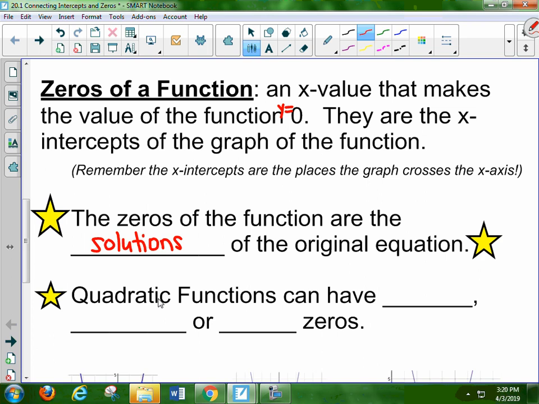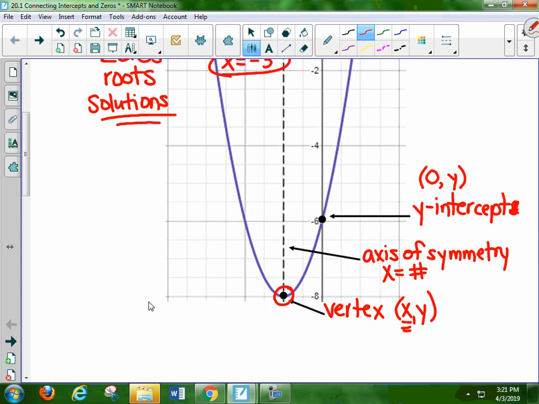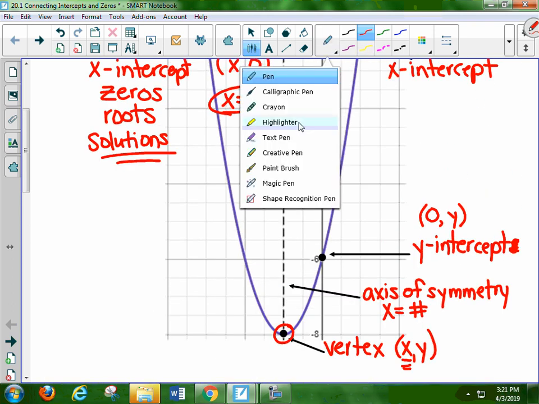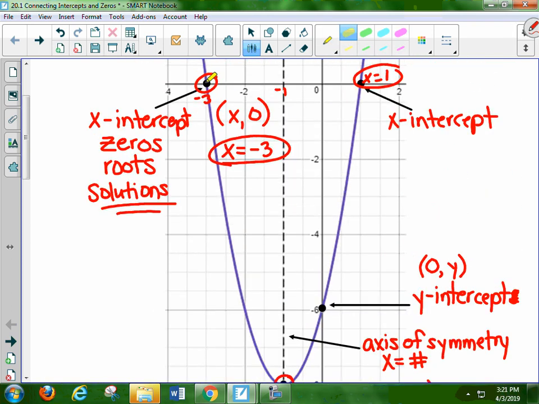So if I think about a parabola, that U-shaped graph, ask yourself, how many times could that parabola, could that U cross my x-axis? Well, the one we just saw up here above, we saw that it was crossing in two places. We saw it was crossing here, and we saw it was crossing here.